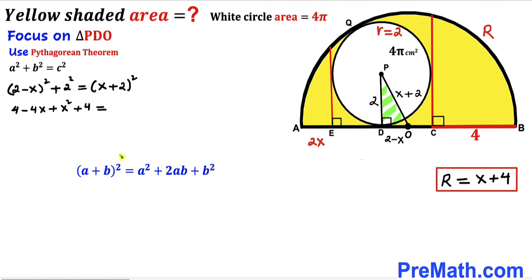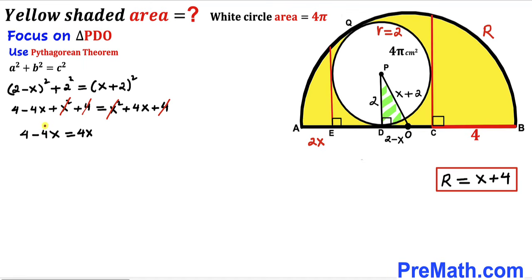And now let's recall another identity as well: a plus b whole square could be written as a square plus 2ab plus b square. We are going to apply it on this binomial on the right hand side. So therefore we can write this one as x square plus 4x plus 4. And now we can see this x square and x square is gone. This 4 and 4 is gone as well.